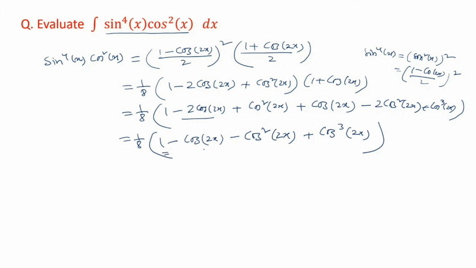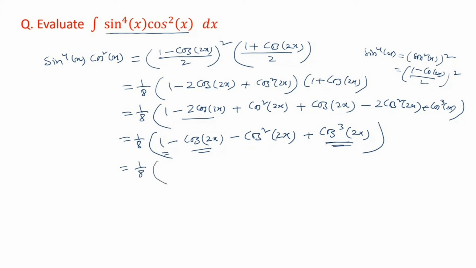Now this is the known integration. This is also something we know, by rule 2, where the sine power is 0 and the cosine power is 3. So you can use rule 2 to solve this integration, but for this we need to do another thing.